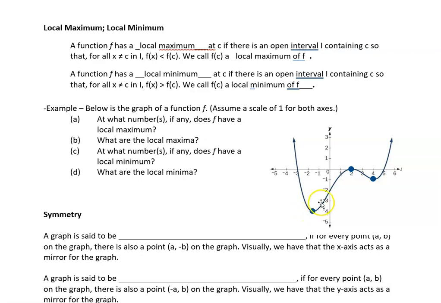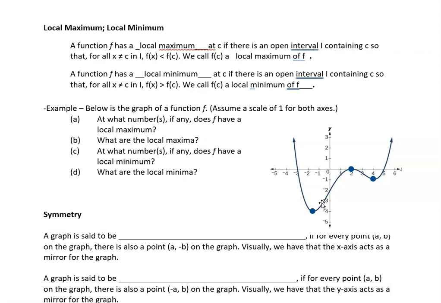So an example here would be this point where it looks like it's in the valley between two mountains. As far as the working definitions go, the easiest way for me to determine where we have local minimums and local maximums would be to look for the valleys and the peaks within the graph. If it's not a valley or it's not a peak, then we don't have a local maximum or minimum.